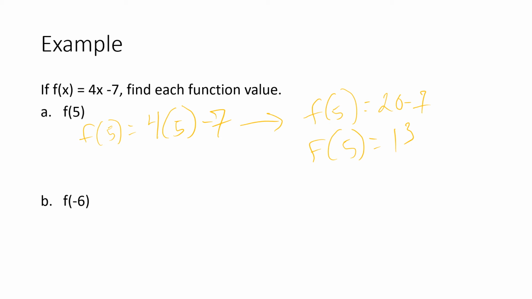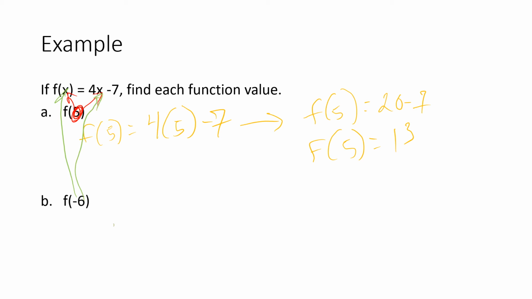Down here, the function of -6. Notice what we're doing here is we're taking that 5 and making that 5 the x. So that 5 went here and it went here. Now with this one, -6, we're going to do the same thing. We're going to substitute -6 here and here for x.